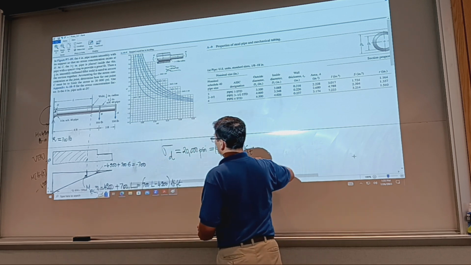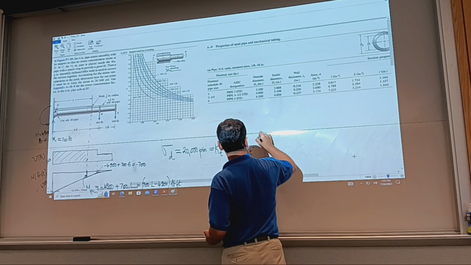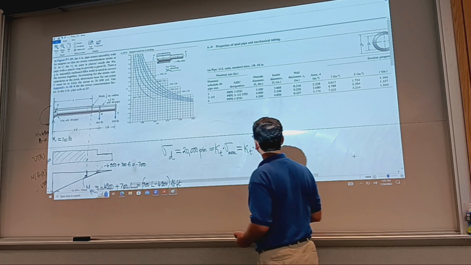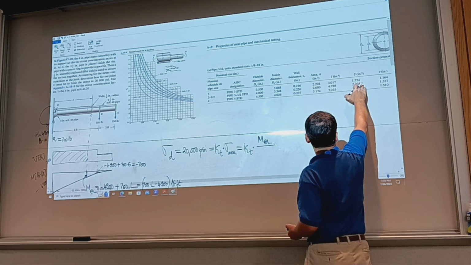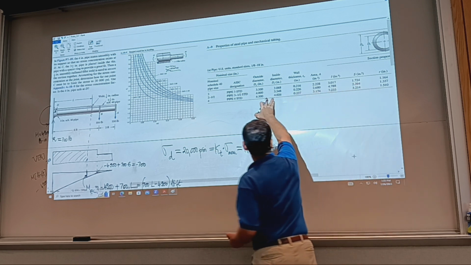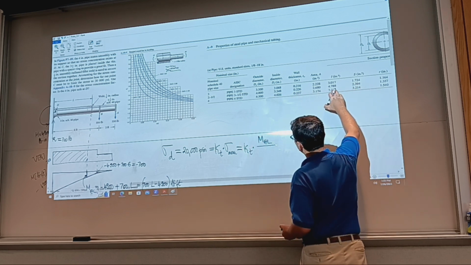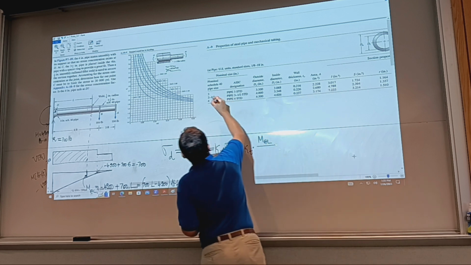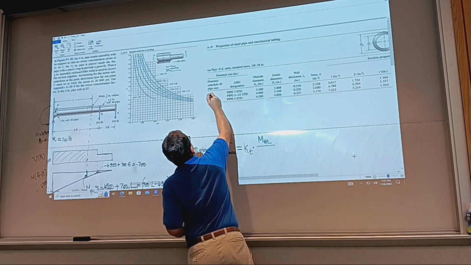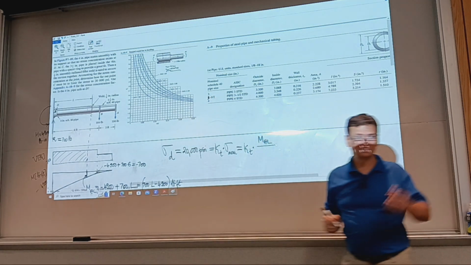So this is going to be M at L divided by, and I have here pi properties. Oh, by the way, this is a typo. This should be a 3. Okay.